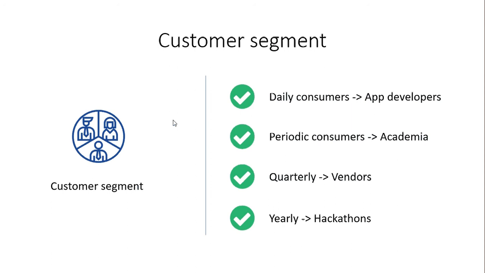For an open data program, these are the four common segments. The first one being app developers. They consume your data on a daily basis. They're very important for ensuring that your open data delivers value to a citizen on a day-to-day basis.